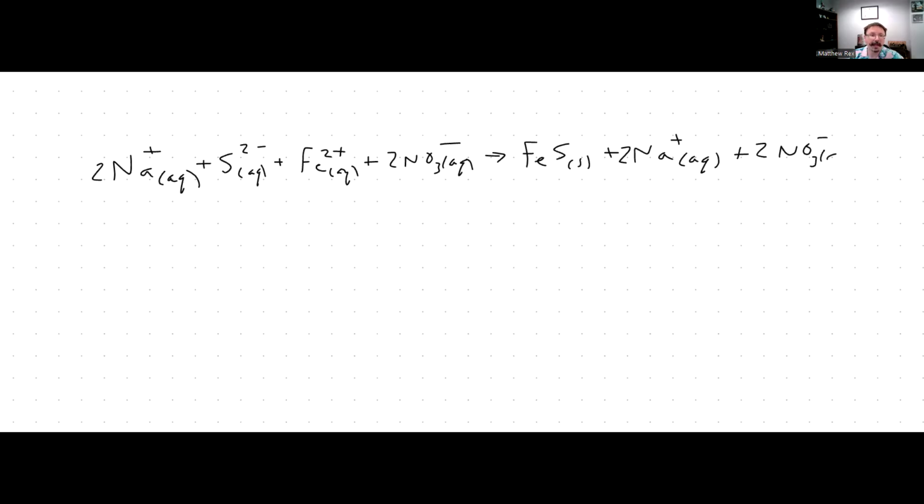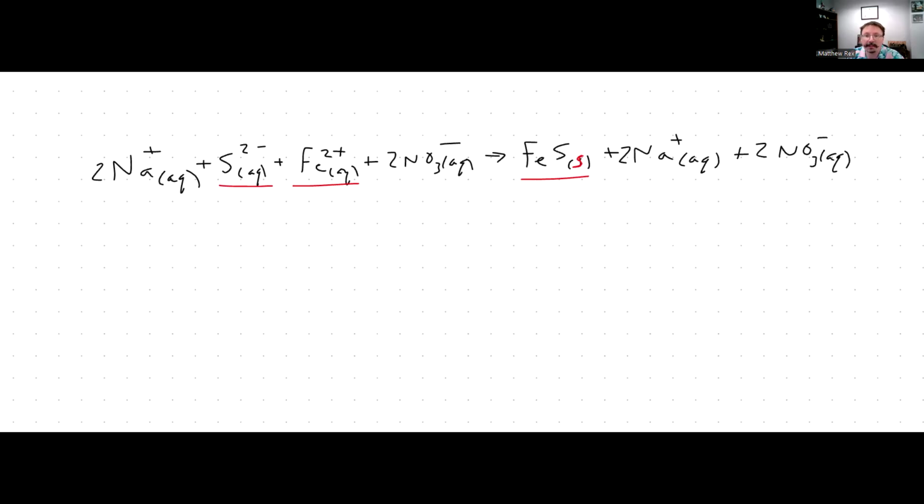Aqueous. So what I'm looking at is this is a precipitation reaction. I do have a solid on the product side. So I'm concerned with what went into making that solid. That would be the Fe ions and the sulfur ions, iron and sulfur.